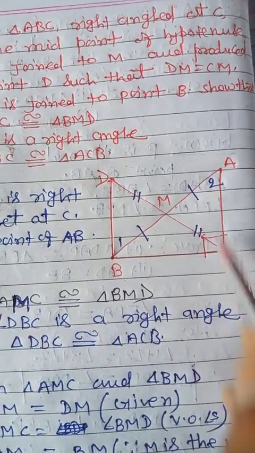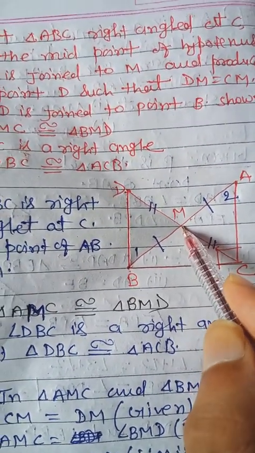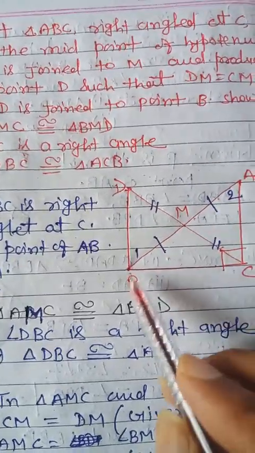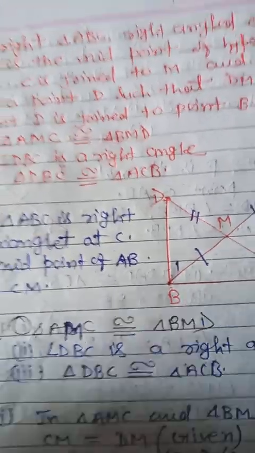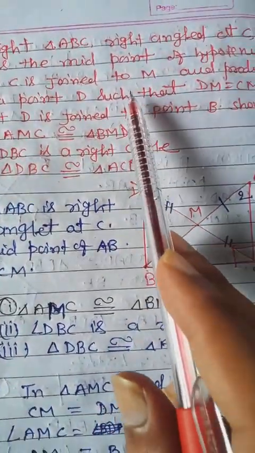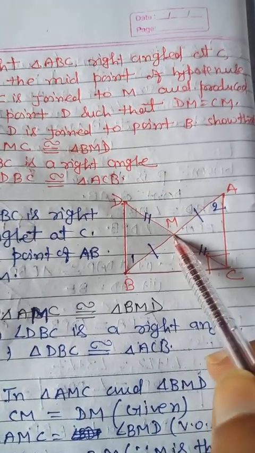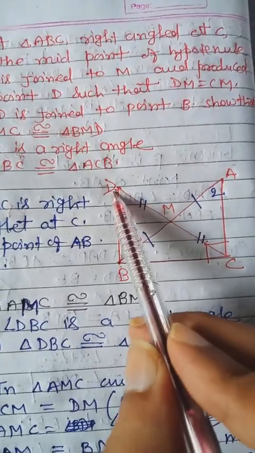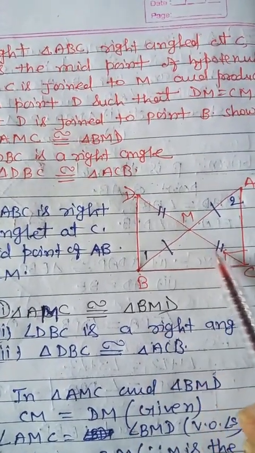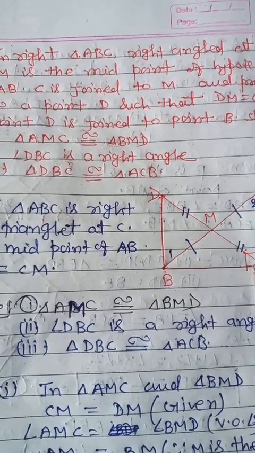AB is the hypotenuse of this right triangle, and M is the midpoint of AB. That means BM equal to AM. Now again, C is joined to M and produced at point D such that DM is equal to CM. This one is also given.